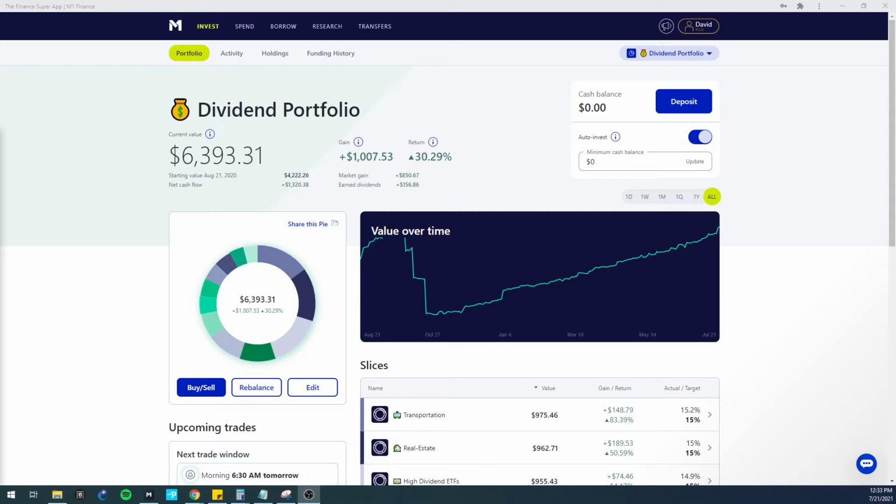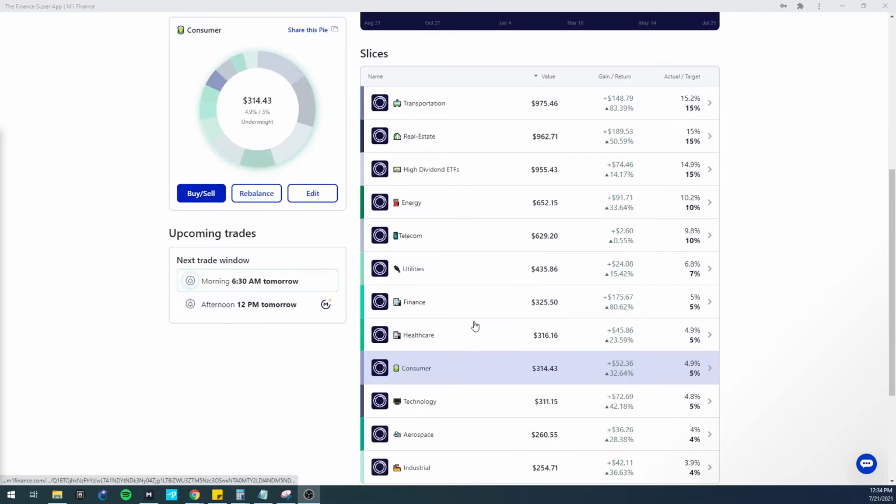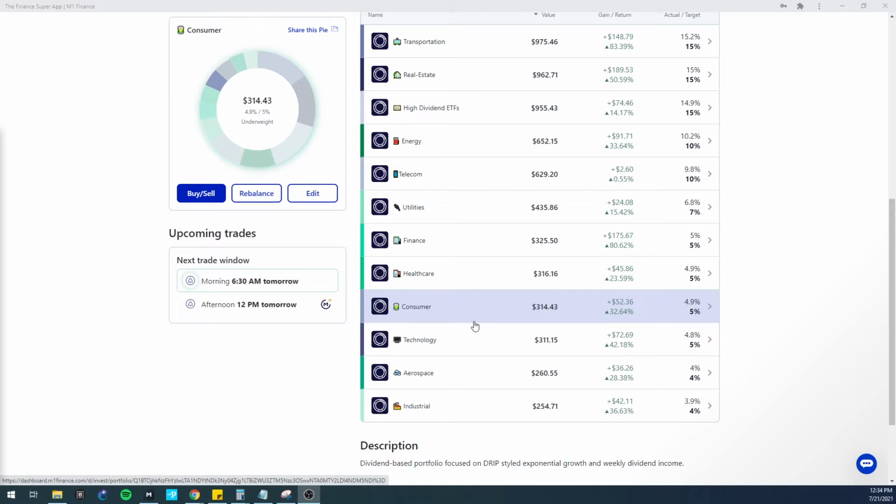Now, in the previous video, I did go over automation. And automation is great when you're thinking about investing over the long term and just setting it up and forgetting about it. But with my particular investing strategy, with the way I have my holdings and all of the companies that I have invested in, I get paid dividends every week.